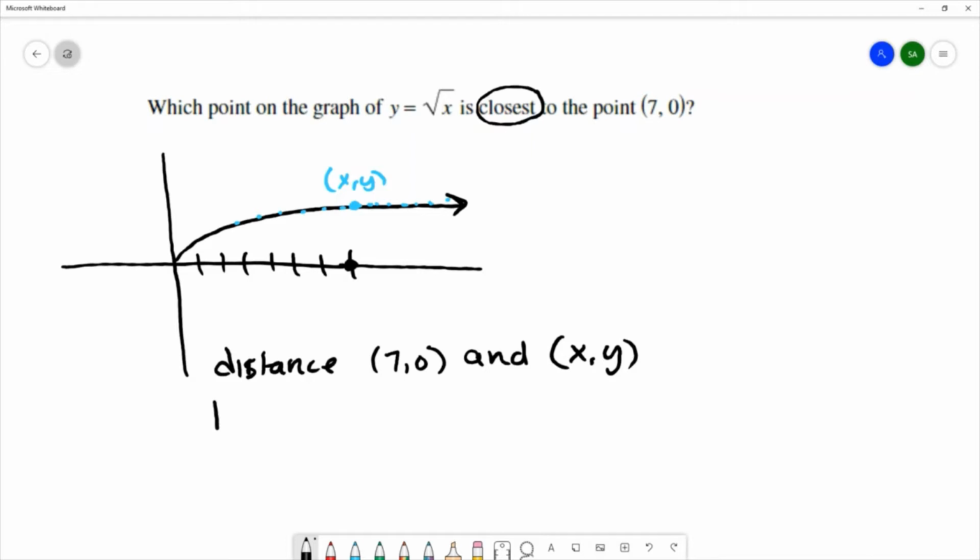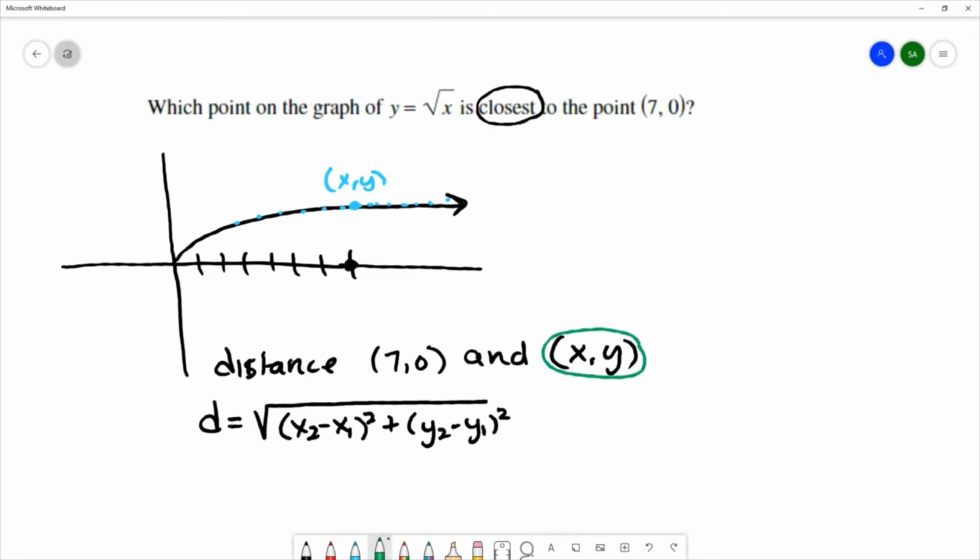Now we do have a formula for distance between 2 points, and that is the square root of x2 minus x1 squared plus y2 minus y1 squared. So I want to substitute into this formula the 2 points that I have written here. But before I do that, this ordered pair is not any arbitrary ordered pair.